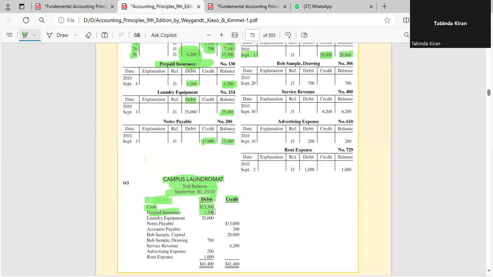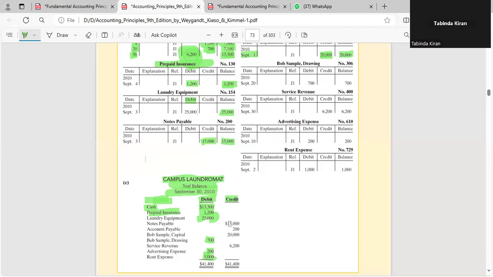Now, same likewise, you have to prepare this unadjusted trial balance by placing the ending balances. Like over here, the laundry equipment has a debit balance of 25,000. The drawings have a debit balance of 700. The advertisement expense has a debit balance of 200. The rent expense has a debit balance of 1,000.